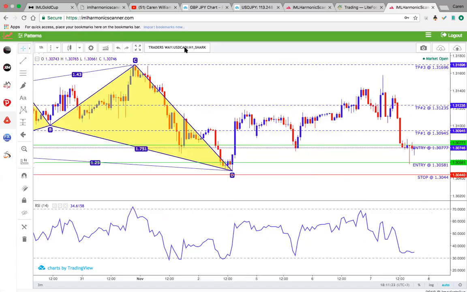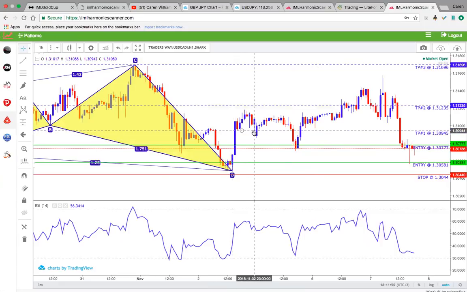This is USD CAD on the 1 hour time frame. The first entry was down here at 1.30581. If you would have entered this entry as well as this entry, which is 1.30777, you would have had 2 entries into this trade using this stop loss here at 1.3044.